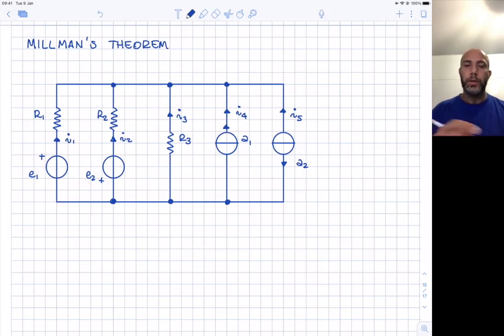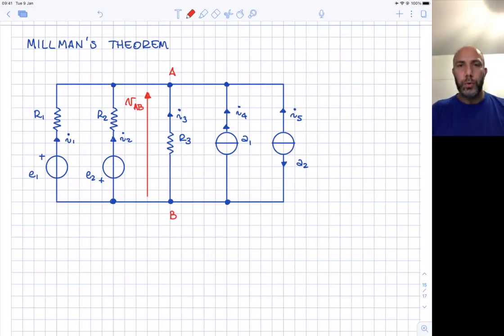Now, what we can do with Millman's formula is to calculate in a single step the voltage that is applied to these components that are connected in parallel. So the voltage that we have between the node A on top and node B at the bottom part of this circuit. Let's call this voltage VAB.